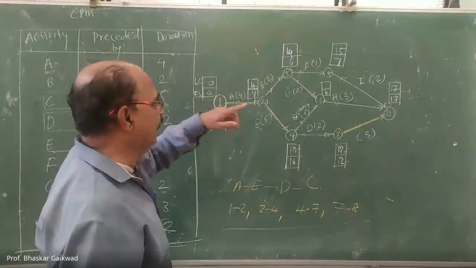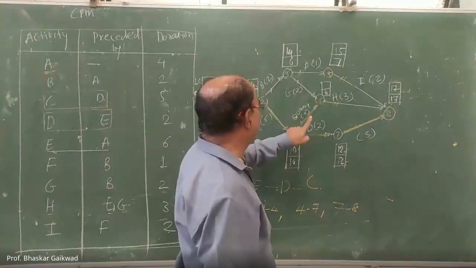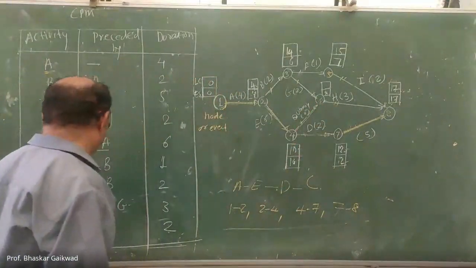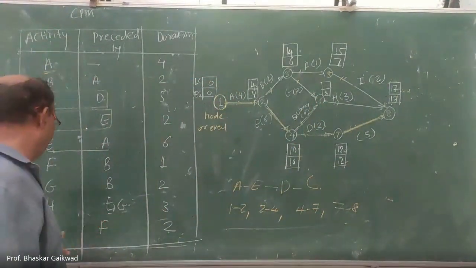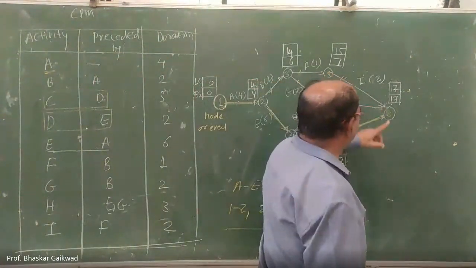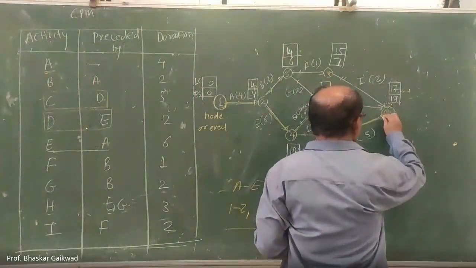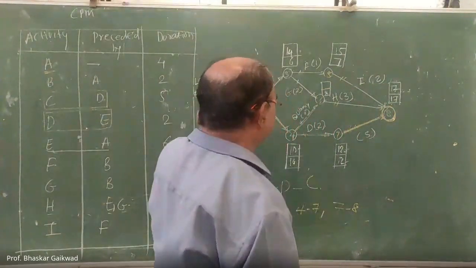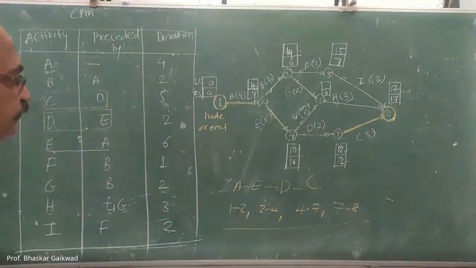And here is your G and E. Now from this S will start. And I to F means from here I will come, and at last this number is 8. Correct. So this is the network diagram.